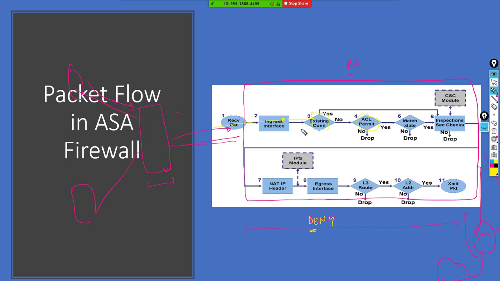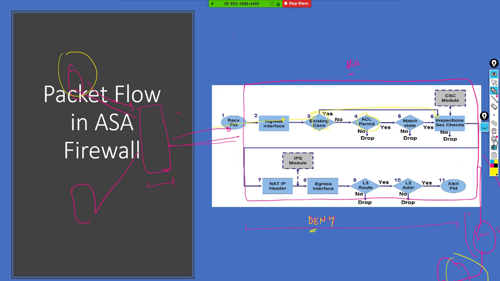Existing connection means there was already some connection in a previous time slot. Was there already a connection between this user and this destination? If yes, it will bypass all other inspection and go directly to the inspection check, and from there it will go to the next step.